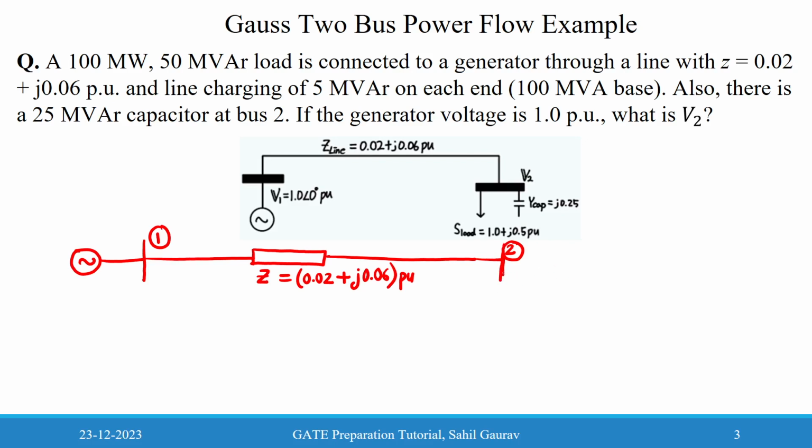Here we have the load, and that load value, S load, in per unit is given as 1.0 plus j0.5 per unit.